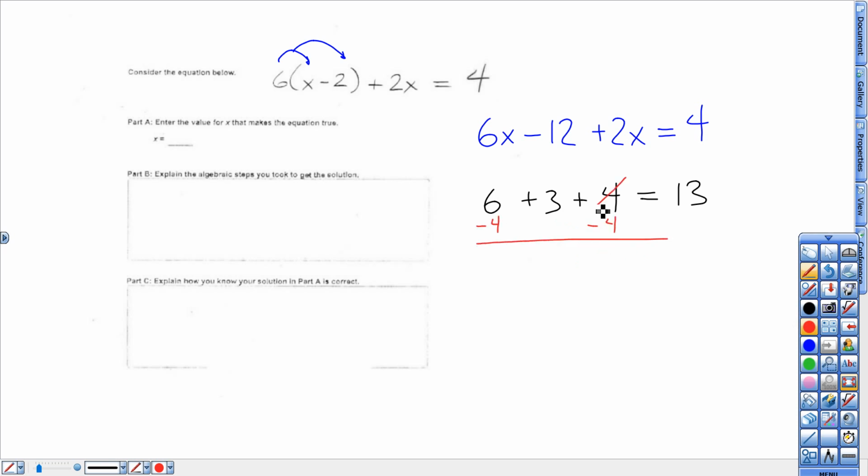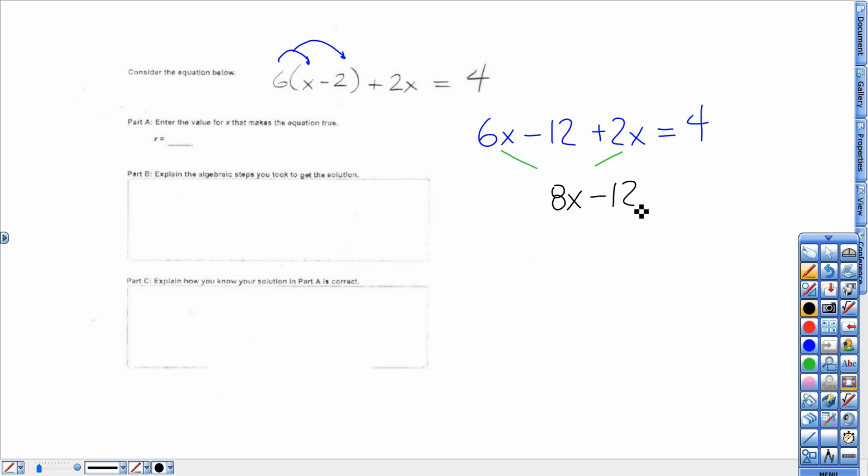Because watch, that would make this 2 plus 3 equal to 13, and there's no way that's true no more. So on this problem here, just make sure after you distribute, combine these together to get 8 of those x's.